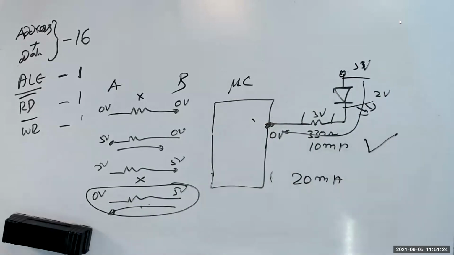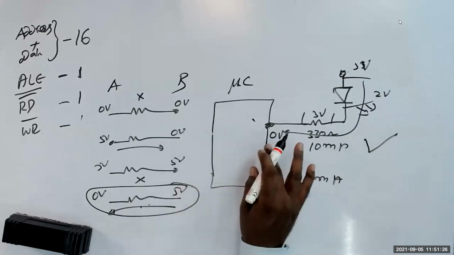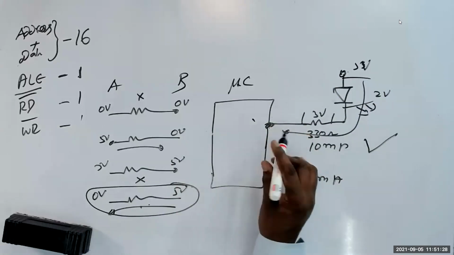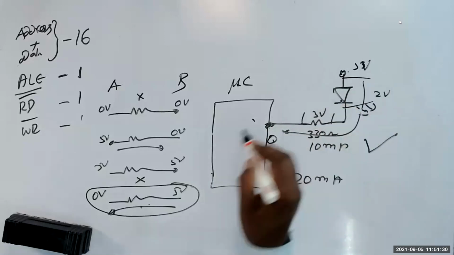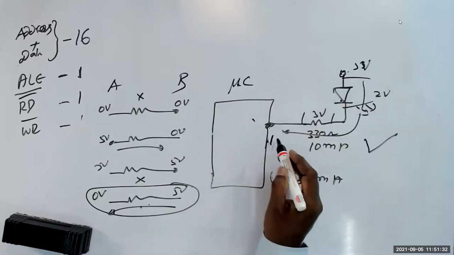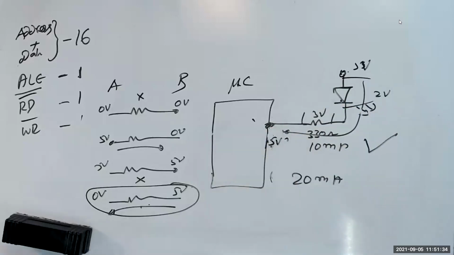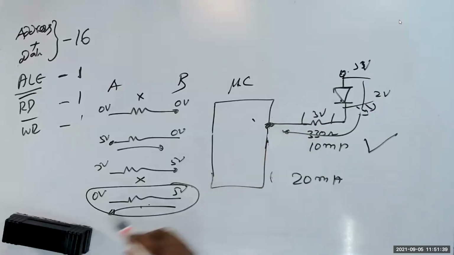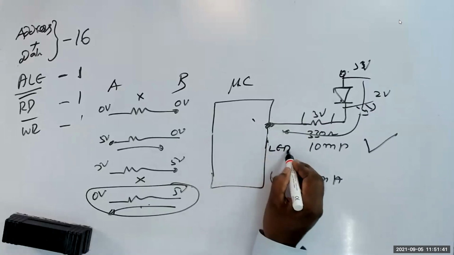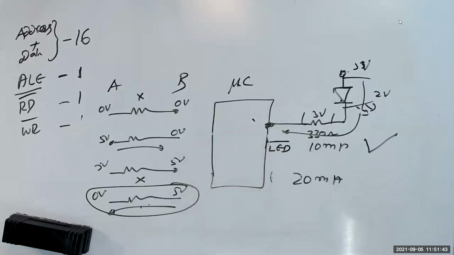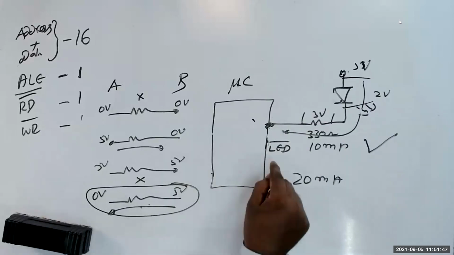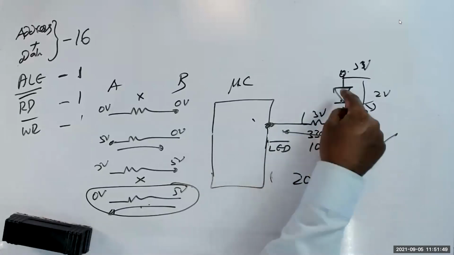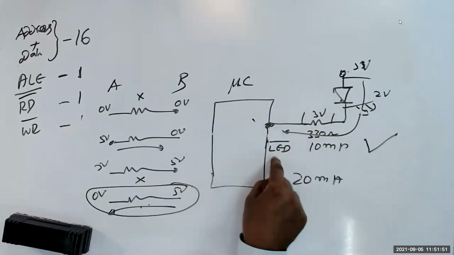But one thing here. See here, when I write 0 here, LED is on. When I give 1 here, that is 5 volt, LED is off. Okay, there we will make this pin as an LED bar, to tell you that if you make this a 0, then LED will be on. If you make 5 volt, LED will become off.